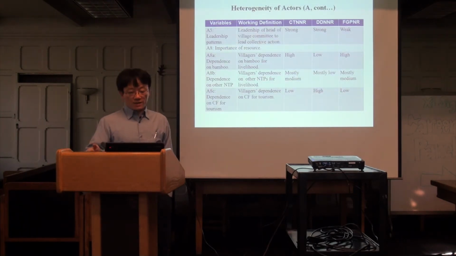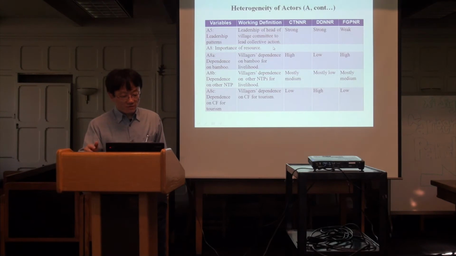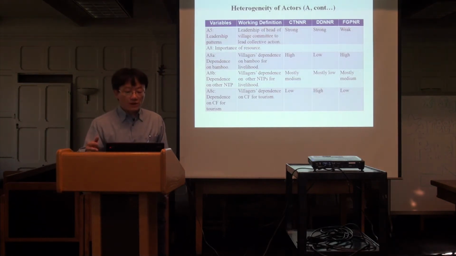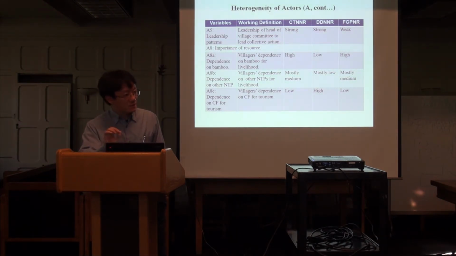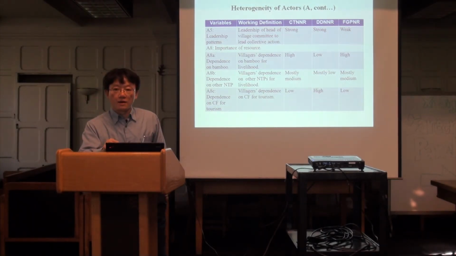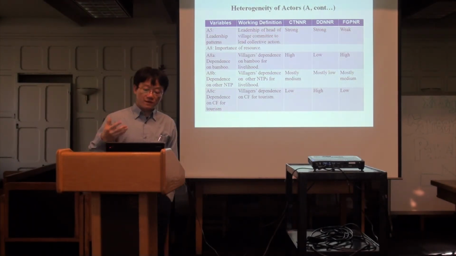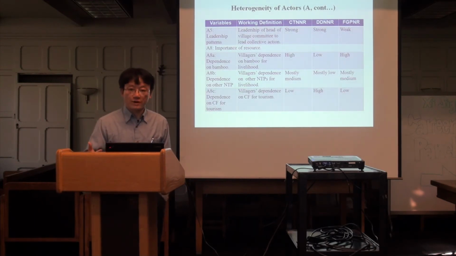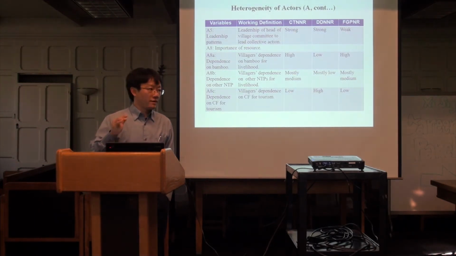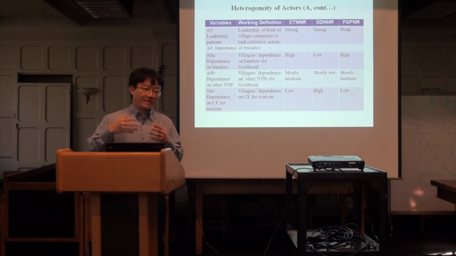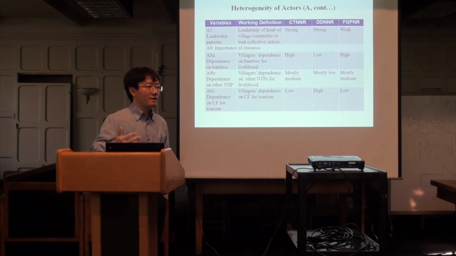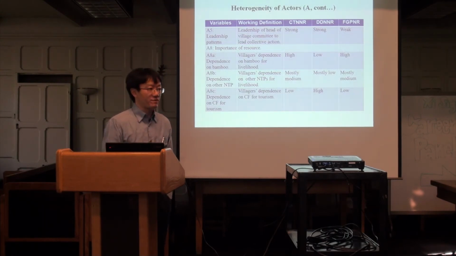Next, you may find that the leadership of a village community to lead collective action for the first and the second nature reserve is very strong, and for the third one is very weak. This means that if the leadership of the village community is very strong, it is easy to establish a dialogue mechanism between the nature reserve and the community, so they can be involved in negotiation to solve the existing conflicts.